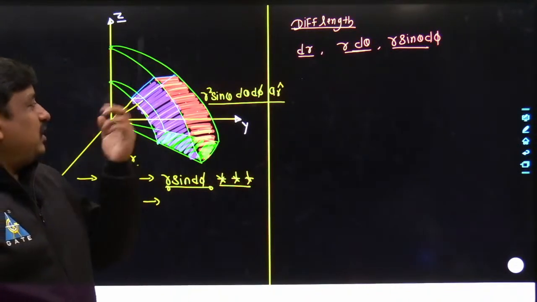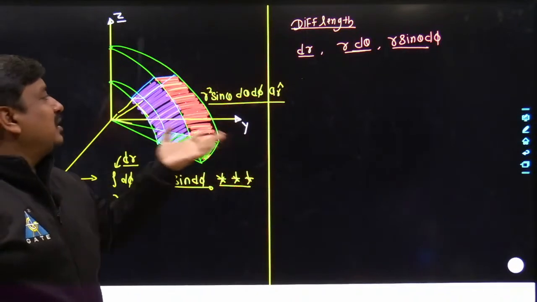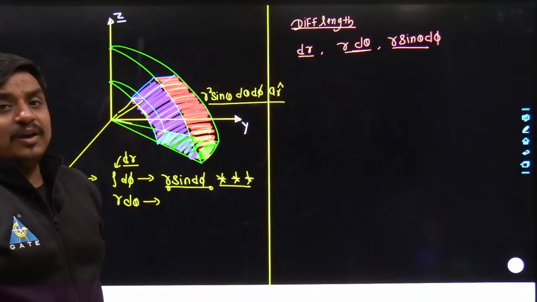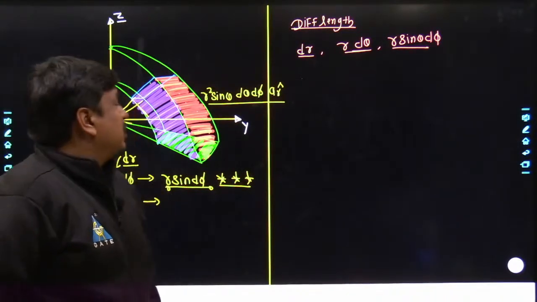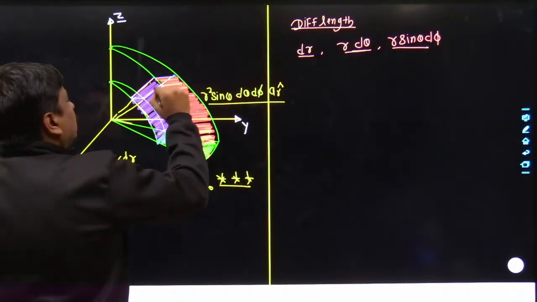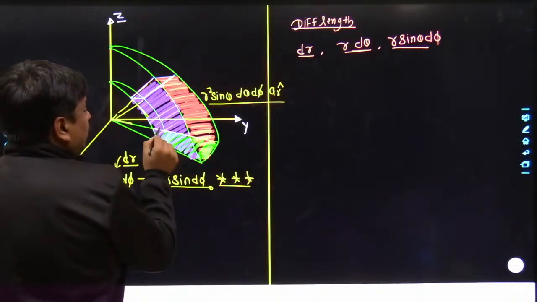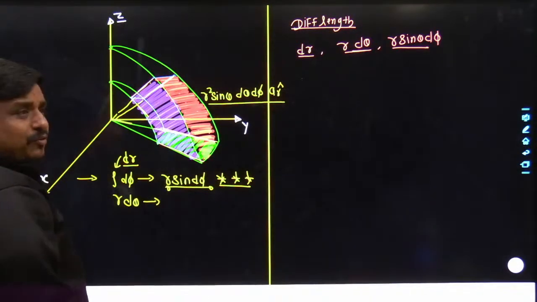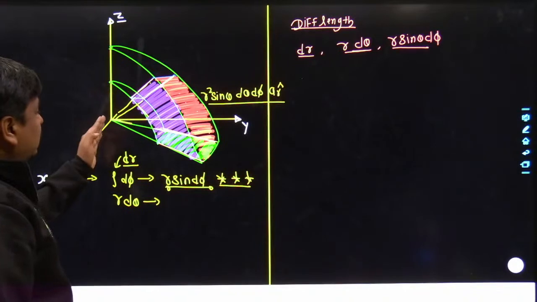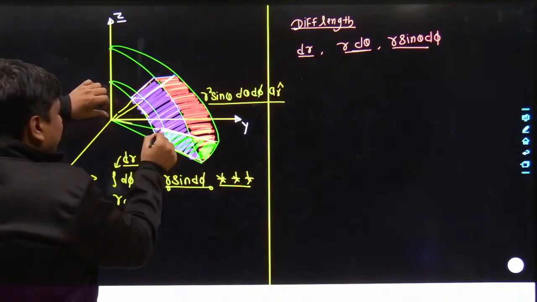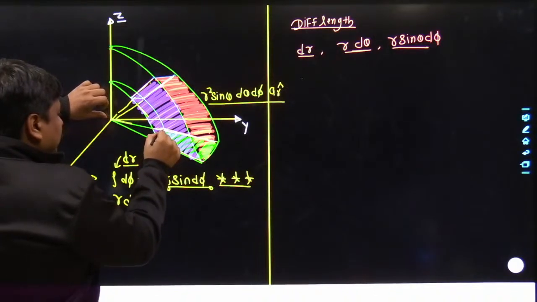Now, it is better to understand where dr is being fetched, where r d theta is being fetched, and where the value of r sin theta d phi has come into the picture. You yourself would be able to understand these four differential lengths, first, second, third and fourth. Now the distance from the origin has increased. If you take the reference of this point, obviously the distance of this point and this point was the same.